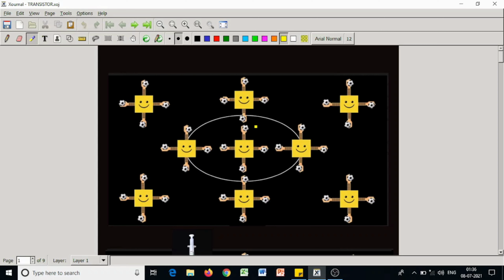But at room temperature, due to thermal agitation, cleavage of bonds occurs, and free electrons move, leaving behind a vacant space called a hole, a positive hole.